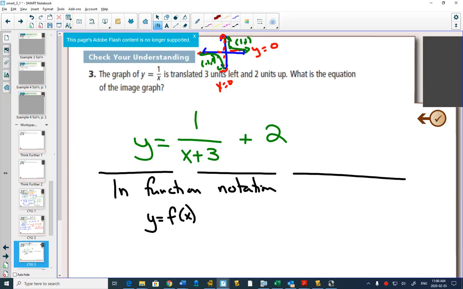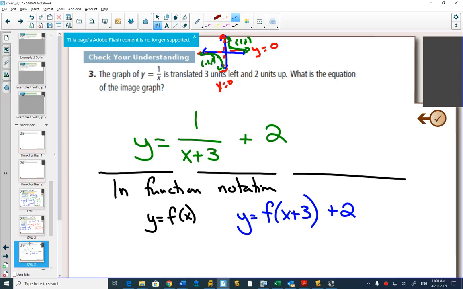We would need to write our answer in terms of f, because that's all we have. Would you agree that your new equation, you would show the 3 units to the left as x plus 3 inside the function, and then the plus 2 after the function? Is that good in function notation?